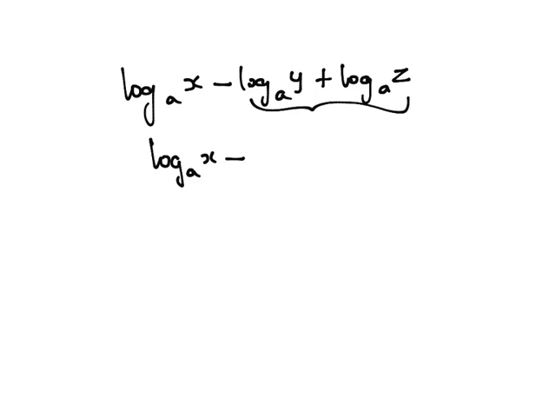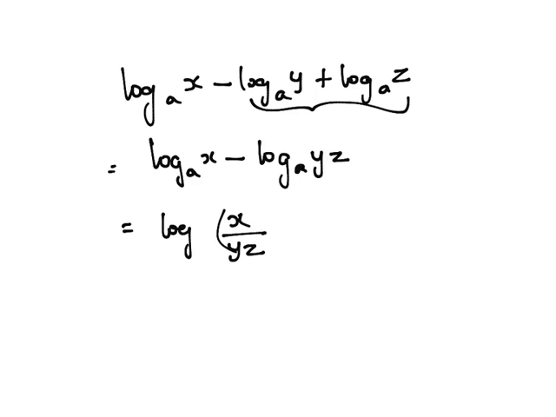So they write it as log of yz to the base a. Then, again both two logarithms with the same base, difference is there, so they write it as log of x divided by yz to the base a. This is how they write it.